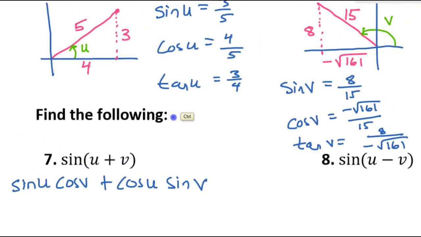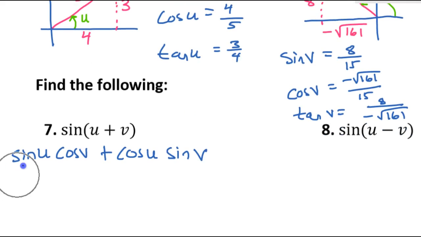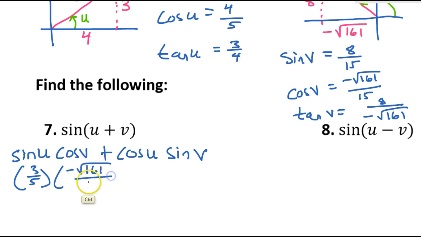Sine of u is 3/5. Cosine of v is negative radical 161 over 15. Cosine of u is 4/5. And sine of v is 8 over 15.